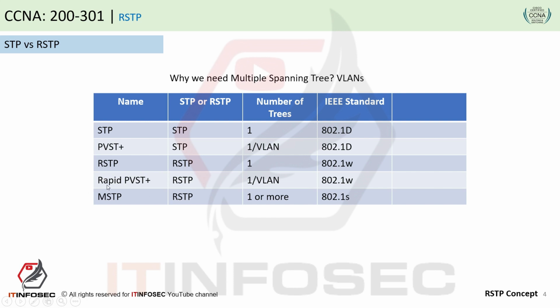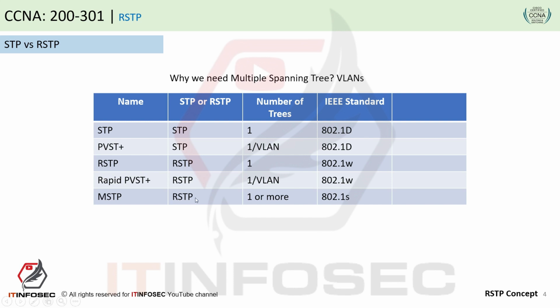Rapid PVST+ is categorized under RSTP per VLAN. If you have, for example, 5 VLANs, you have 5 separate anti-loop Rapid PVST+ implementations, and maybe you have 5 different root switches.